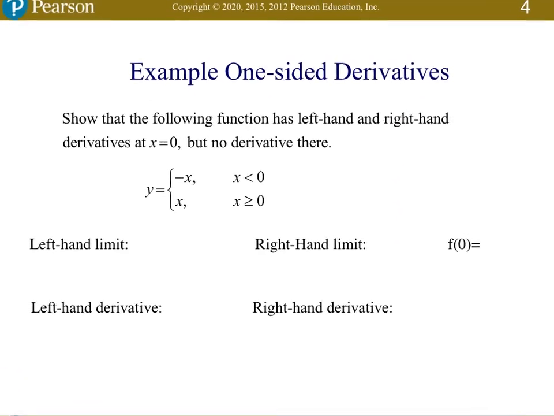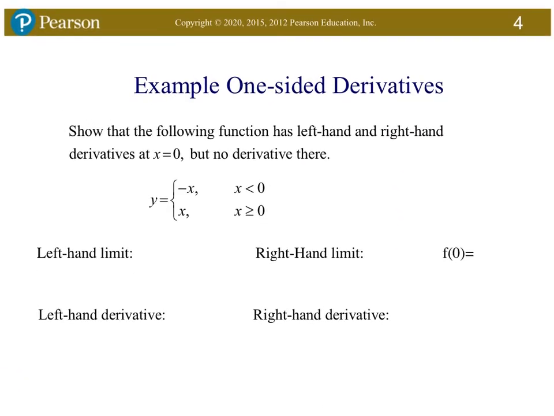So let's check the following piecewise function. First we want to check the left-hand limit: the limit as x approaches 0 from the left, and we'll be using negative x. When we plug in 0 from the left, we get negative 0 to the left.